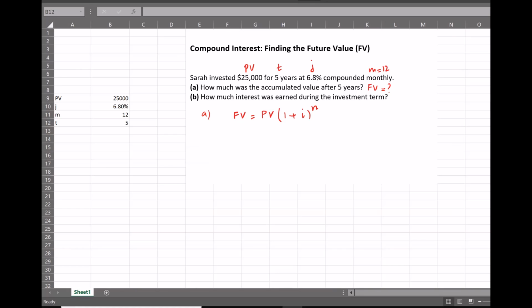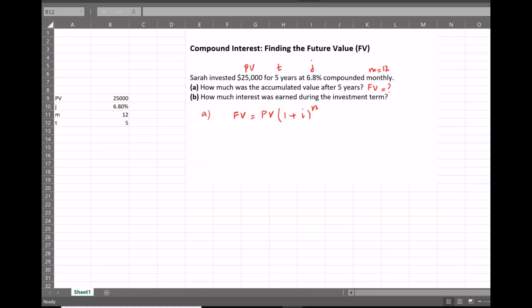I is the periodic interest rate, as opposed to J, which is the nominal or annual interest rate. When I say periodic interest rate, in this case it would be interest per month, right? Because there are 12 compounding periods in a year. And n is the total number of compounding periods in the total term, okay?